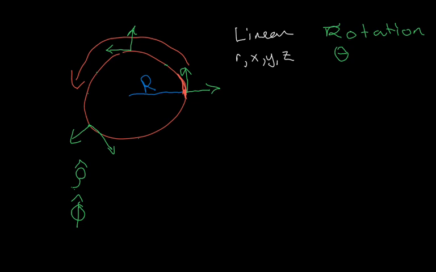Likewise, linearly we have velocity, and rotationally we have angular velocity, and that's not a very good omega, so let me redraw that there. And then again, we have a linear acceleration, and we actually have 2 linear accelerations we need to consider. One of them is in the radial direction, and one of them is in the tangential direction.